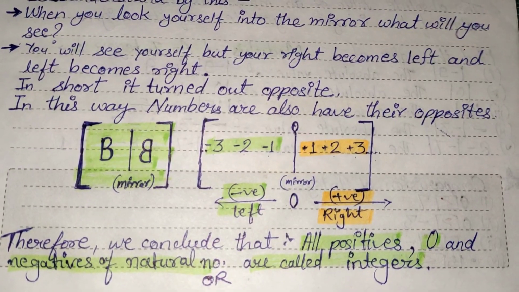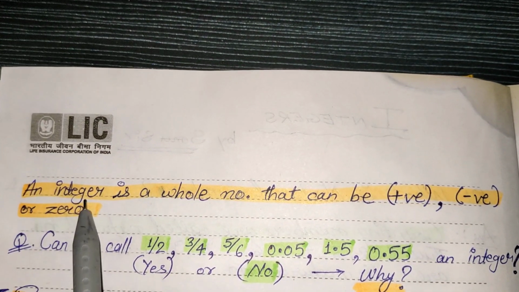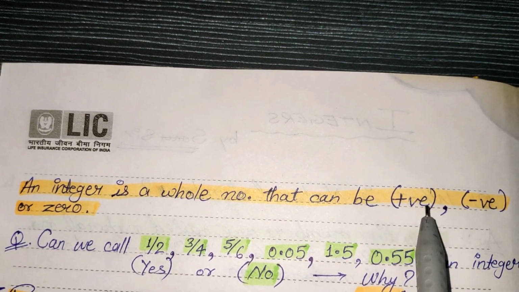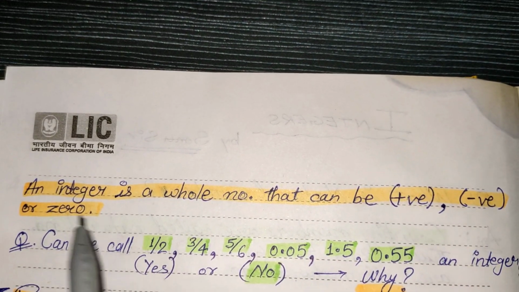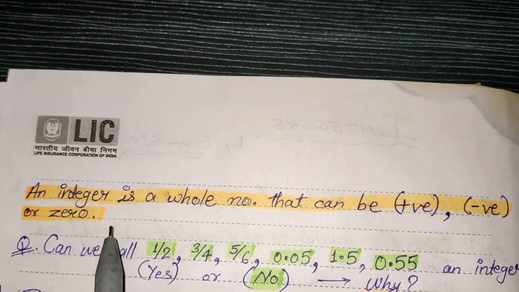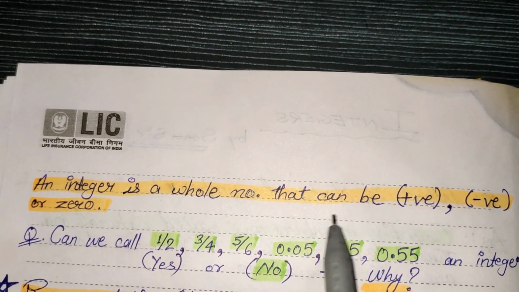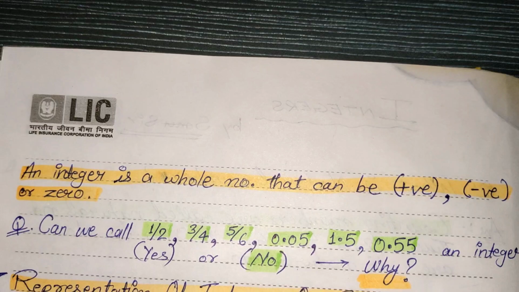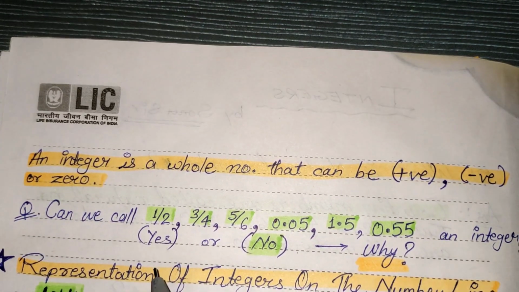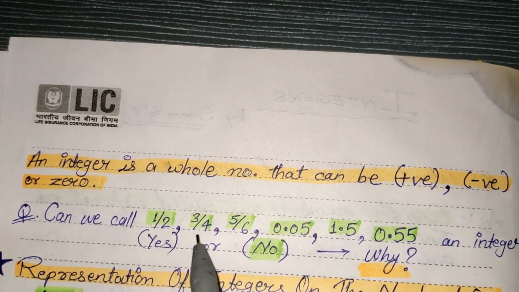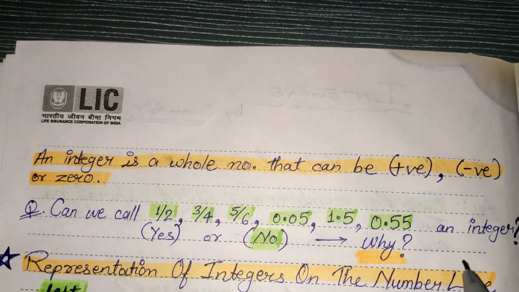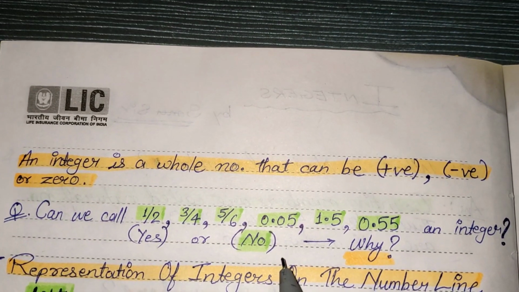Now next, an integer is a whole number that can be positive, negative, or 0. Now the question arises: can we call 1/2 or 0.05 an integer? Yes or no?